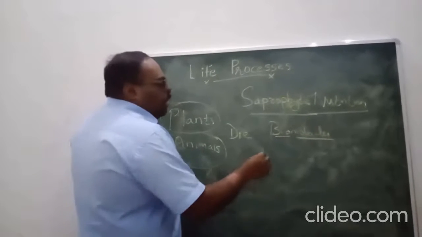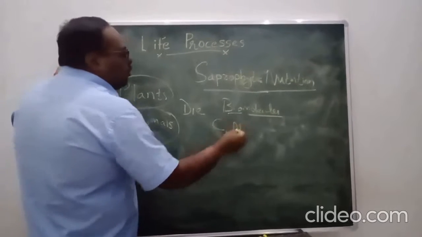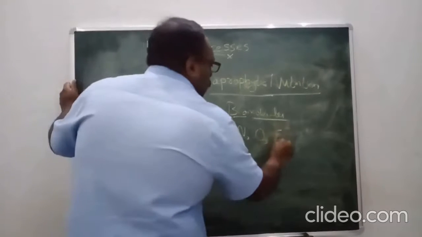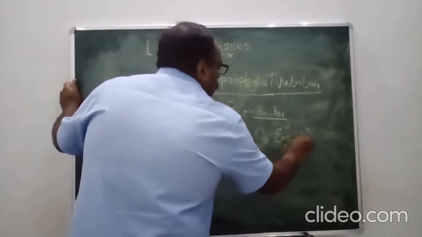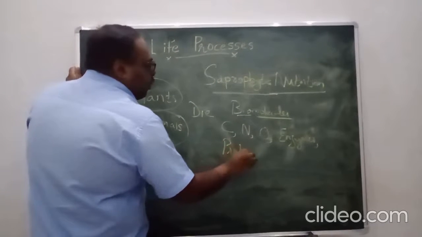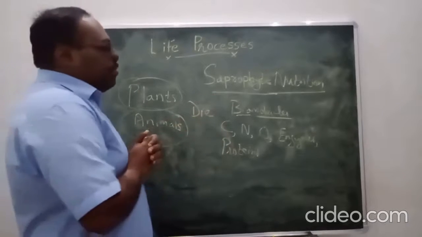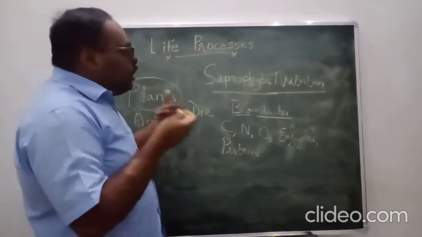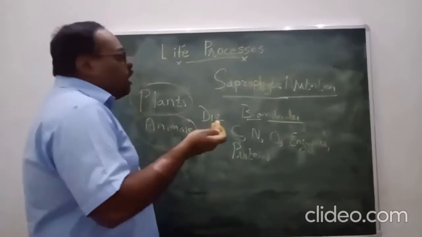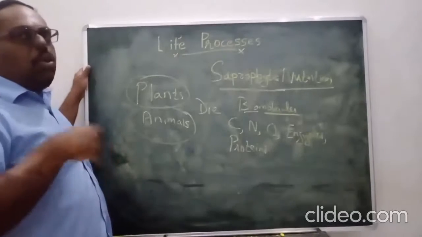For example, in our body we have a rich amount of carbon, a rich amount of nitrogen, we have oxygen, some enzymes, some proteins. All these things will be there inside our body. And whatever these biomolecules, whatever is present in our body, in the cyclic process that runs inside our universe, nothing will go to waste.